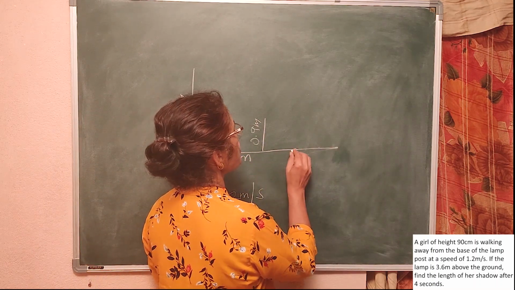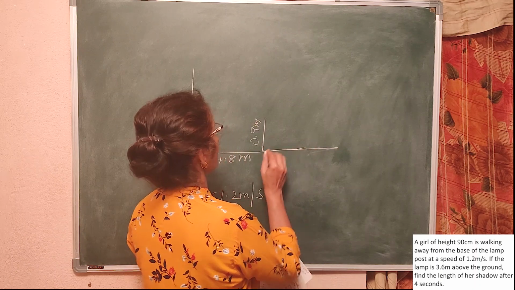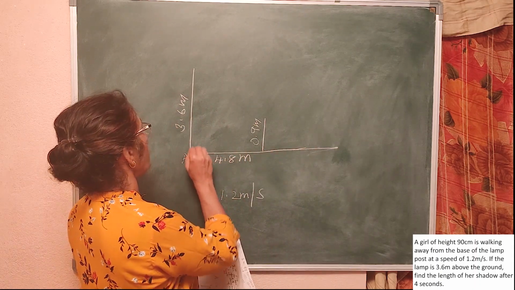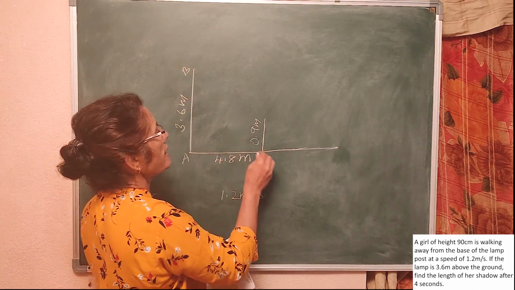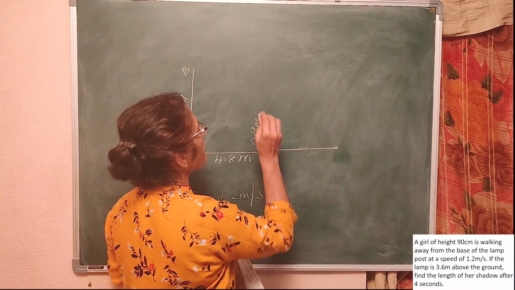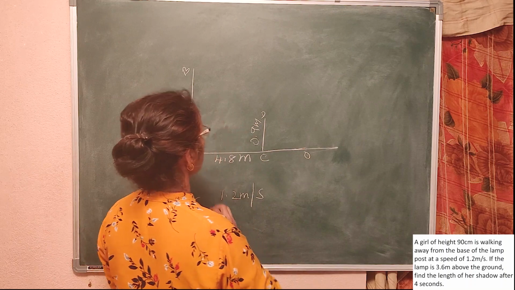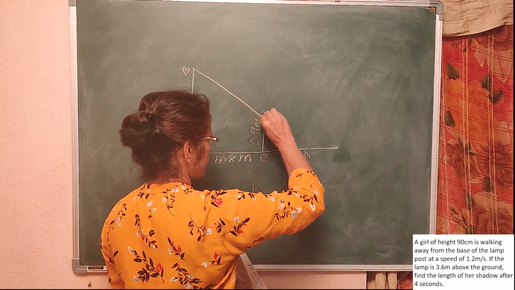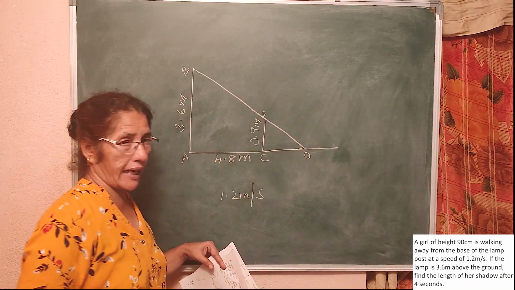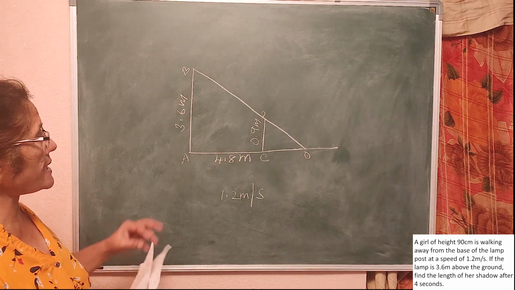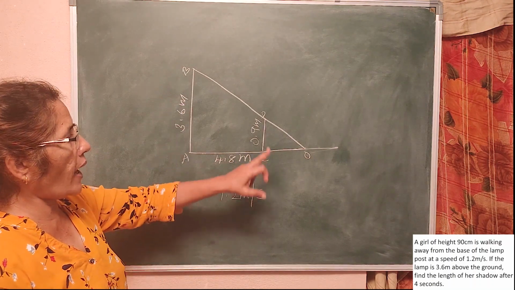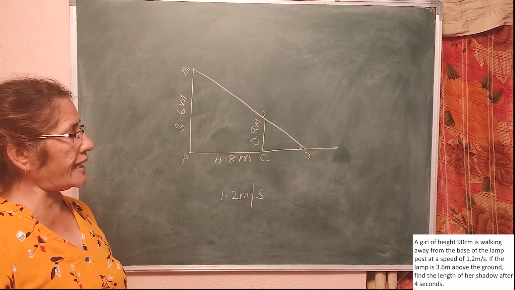So, what is her shadow? Suppose I take AB as the lamppost, CD as the girl, and CO as the shadow. I can join this and I get two triangles. What are those two triangles? Triangle ABO and triangle OCD.